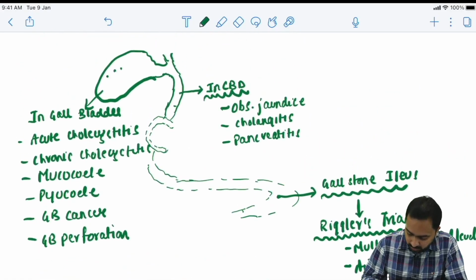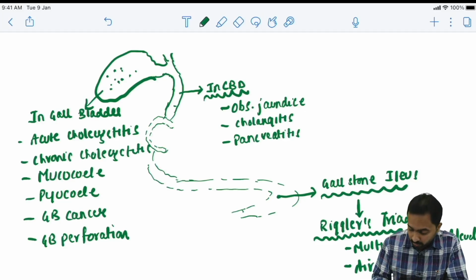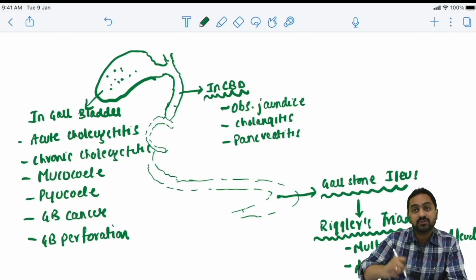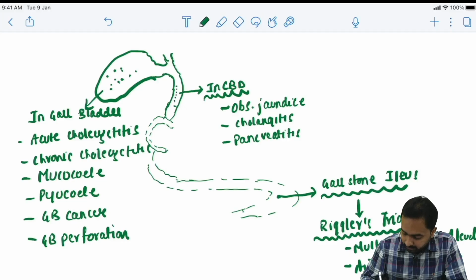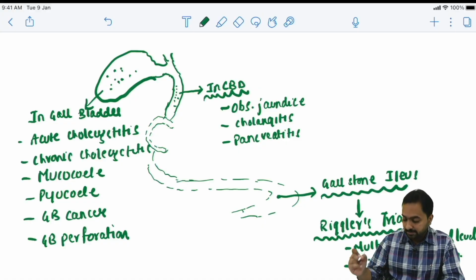So here are your gallstones. This gallstone in the gallbladder could cause acute cholecystitis, chronic cholecystitis, mucocele, pyocele, GB cancer, GB perforation. If this stone travels up to the CBD, it could cause obstructive jaundice, cholangitis, pancreatitis.